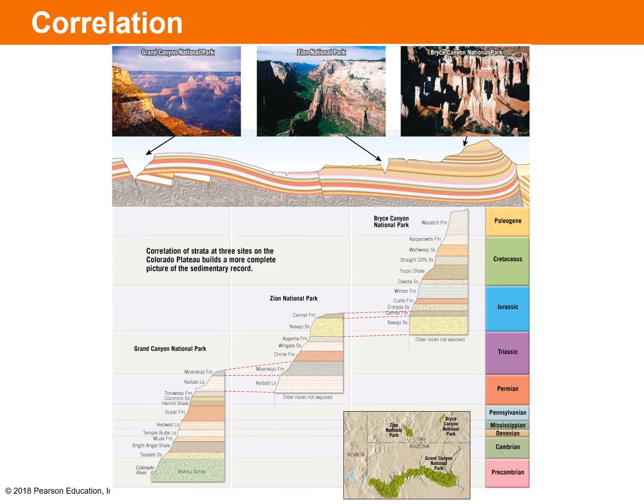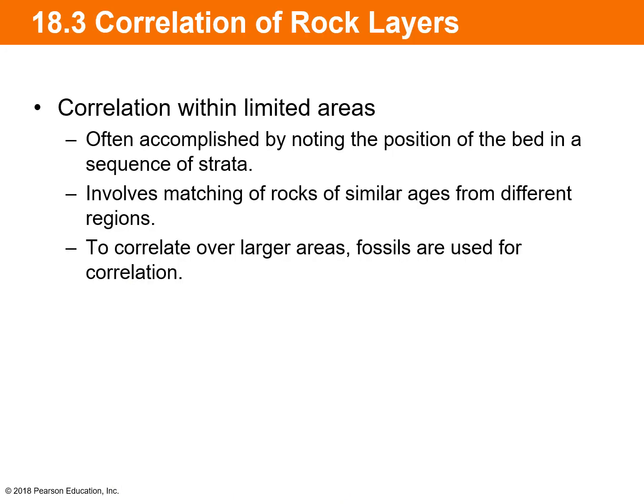However, this method of correlation that was used in the last slide for the Grand Canyon and Zion National Park and Bryce Canyon can only work within limited areas. And this is because rock formations only extend so far.